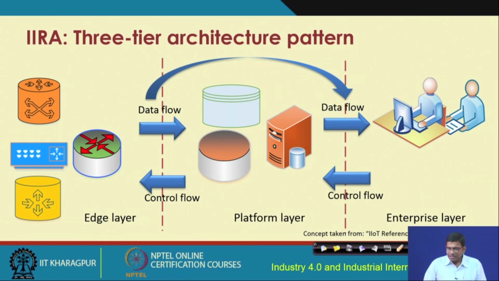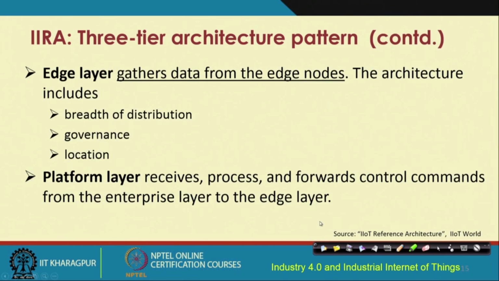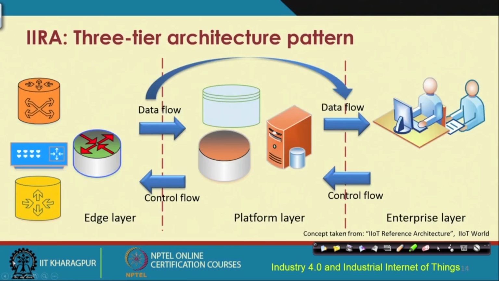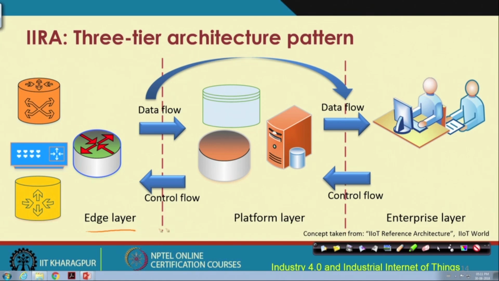In this 3-tier architecture pattern, we have 3 different layers: the edge layer, the platform layer and the enterprise layer. The edge layer talks about all these different edge devices, and the devices connecting to different gateways at the edge.